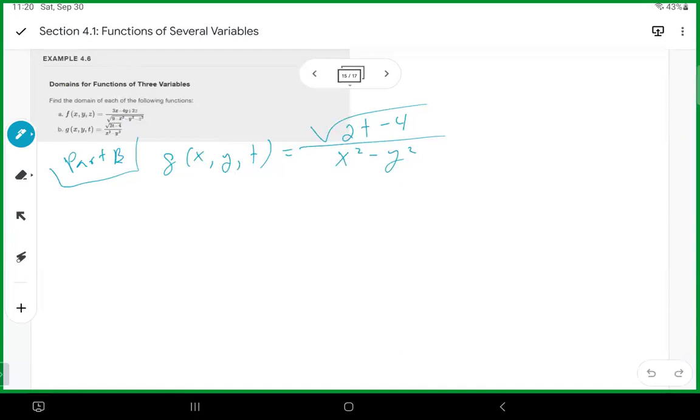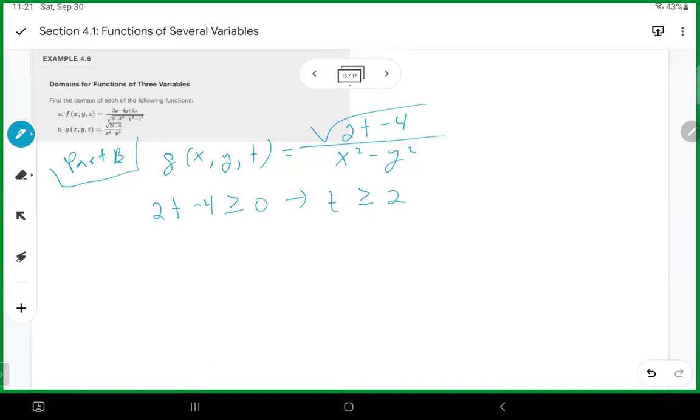So again, we know that the radicand cannot be negative and that the denominator cannot be 0. So since the radicand cannot be negative, this implies that 2t minus 4 has to be greater than or equal to 0. So that would mean that t has to be greater than or equal to 2.